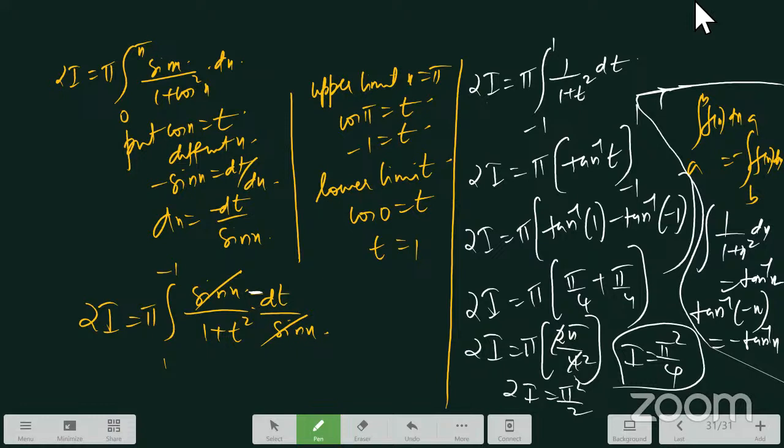Okay. Let us see. Integral from 0 to 3 of x by under root of x square plus 16 dx.